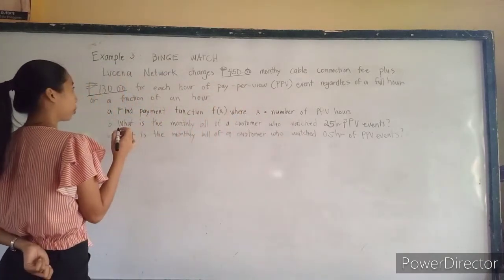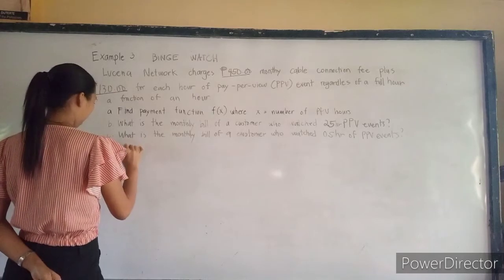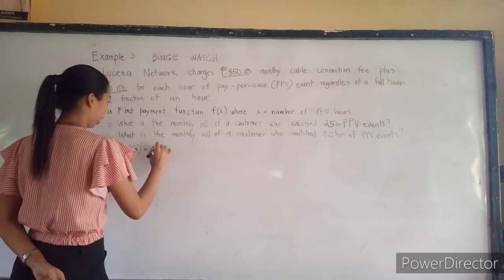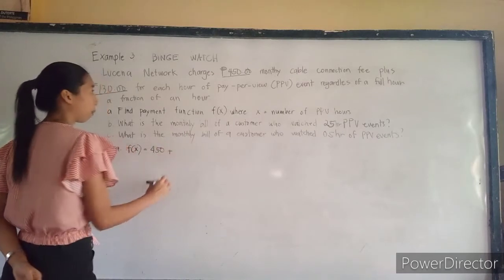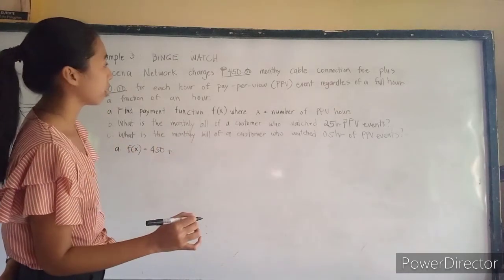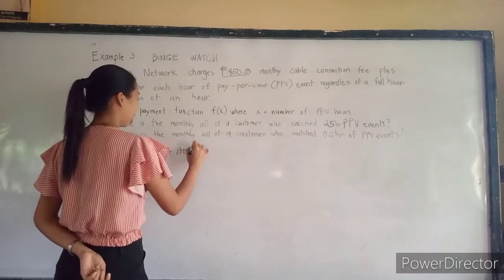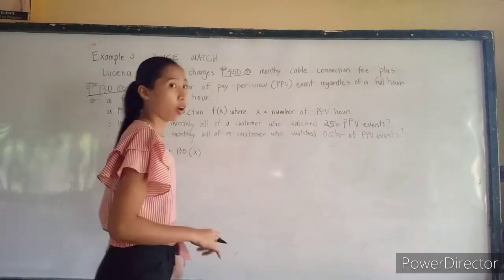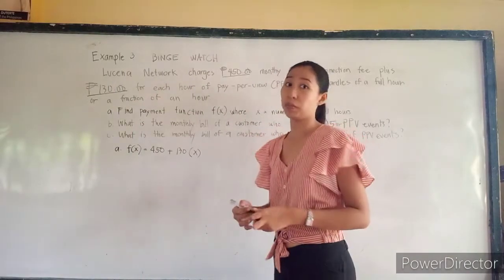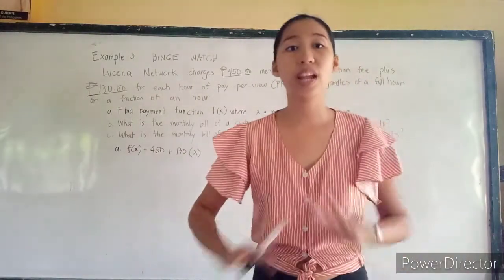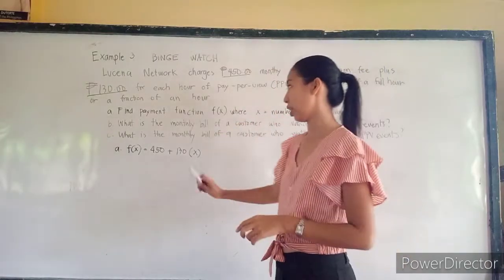So what you're going to do is f of x is equal to 450 pesos plus 130 pesos times x, because your x is the number of hours you watched your pay-per-view event. There is no separate function, only this.